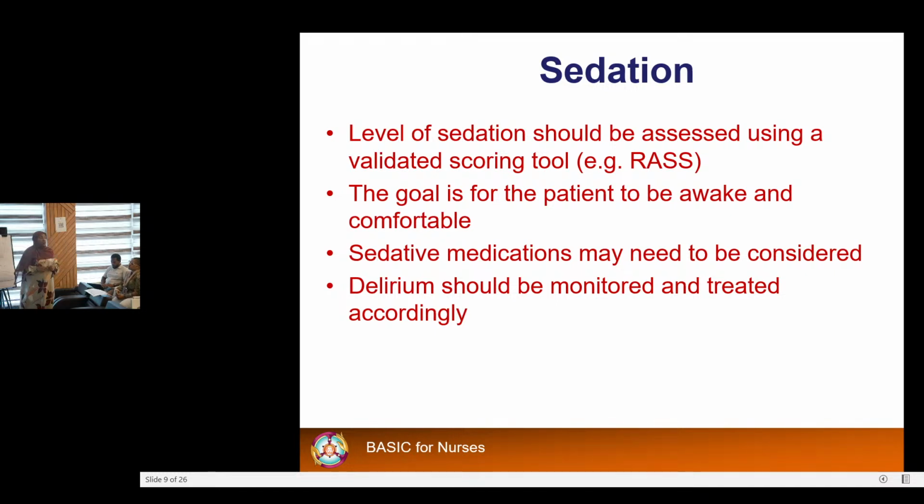Another issue is you have to know the medication you are using for sedating these patients. So you titrate the drugs against those scores, but also you have to know the pharmacokinetics of those drugs. Remember that our patients in ICU, they have liver failure, renal failure, so elimination may be delayed.